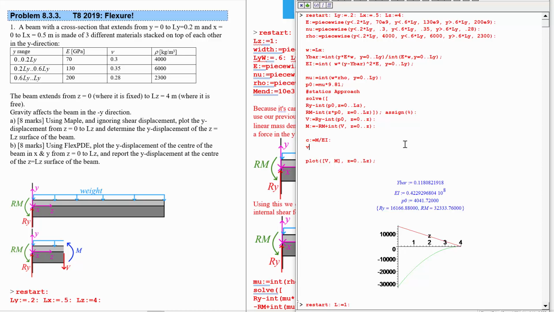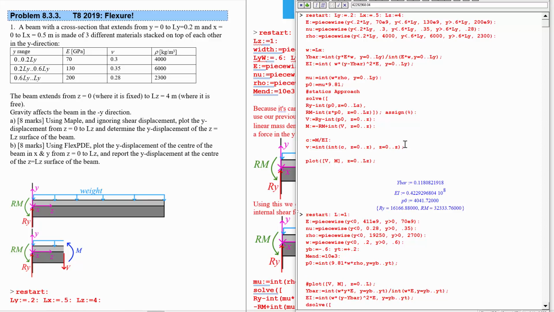So the displacement from bending is going to be equal to the integral of C, well really two integrals, integral of C from z is 0 to z, and then integrate that again from z is 0 to z.